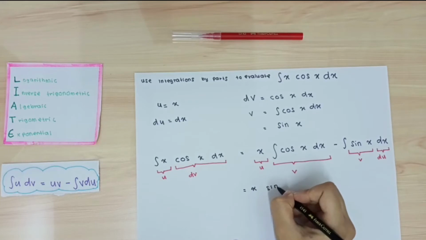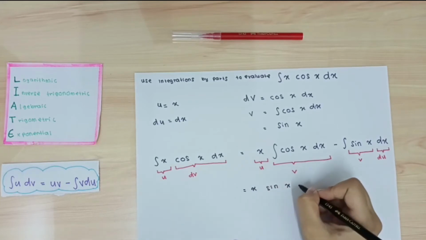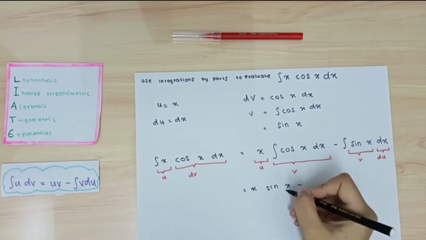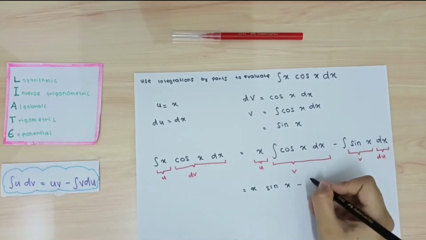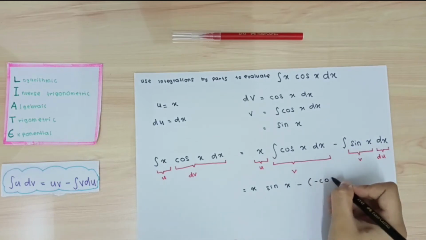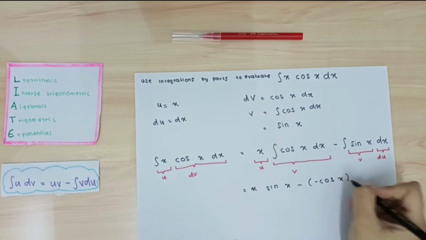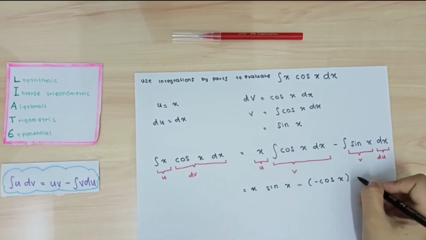x remains as x. The integral of cos x dx is sin x. Minus remains as minus. The integral of sin x dx will get negative cos x plus c.